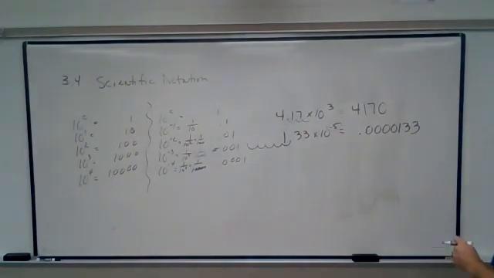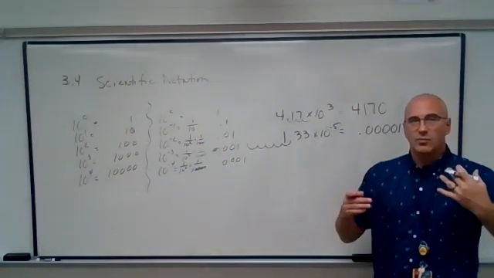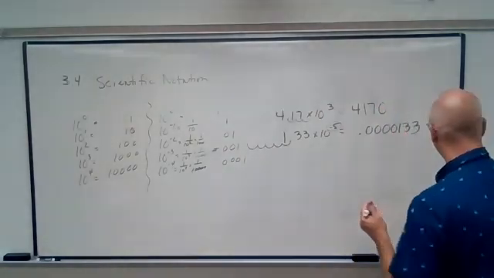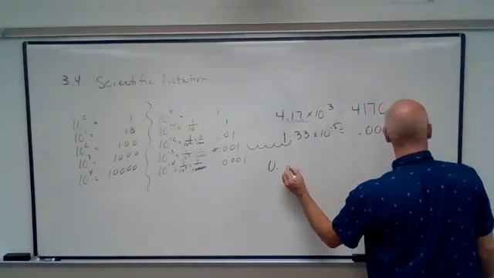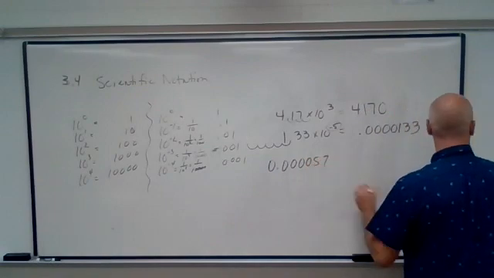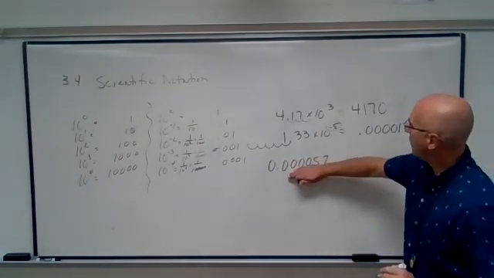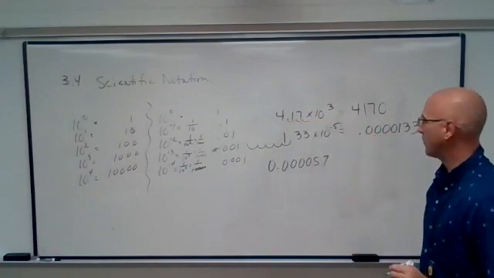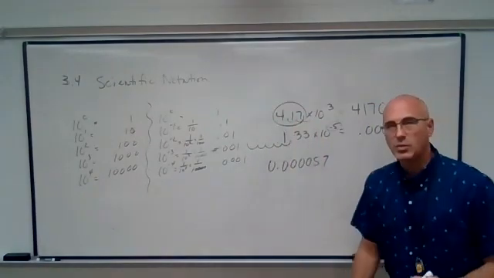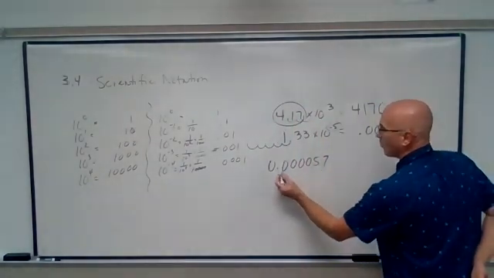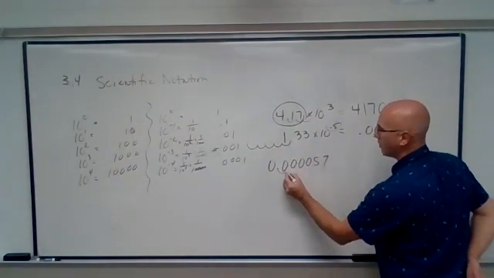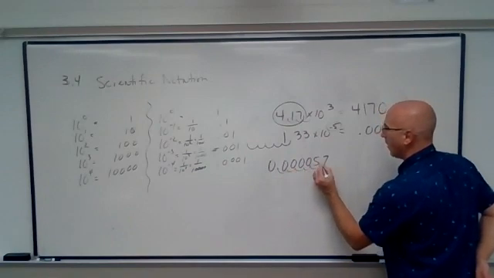Okay. So now let's take a number written in standard form and convert it to scientific notation. Let's take the number 0.000057. We are going to convert that to scientific notation. So first of all, what we need to do is to figure out what our number between 1 and 10 is. So what we are going to do is start moving our decimal place till we get a number right here.